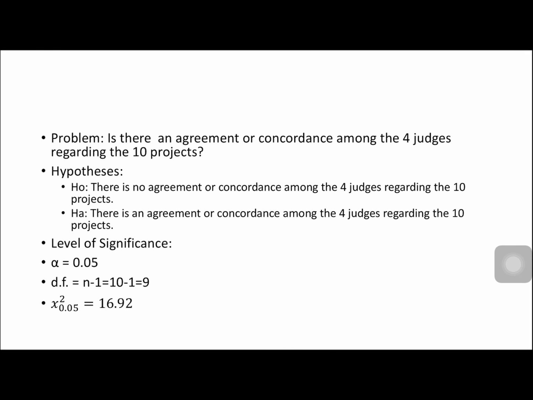For the degrees of freedom, we have N minus 1, 10 minus 1, which is equal to 9. For our tabular value, chi-square at 0.05 with 9 degrees of freedom, we have 16.92.